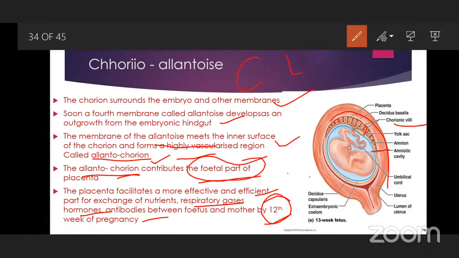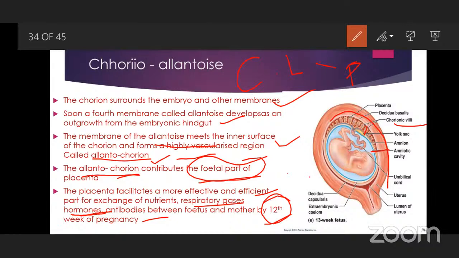If there is no pregnancy, the corpus luteum will be converted into corpus albicans, which doesn't release any hormone, whereas the corpus luteum releases the progesterone hormone. It will be there only for 3 months, which is known as corpus luteum of pregnancy. After 3 months, the corpus luteum degenerates, and the function of releasing progesterone hormone will be taken over by the placenta.